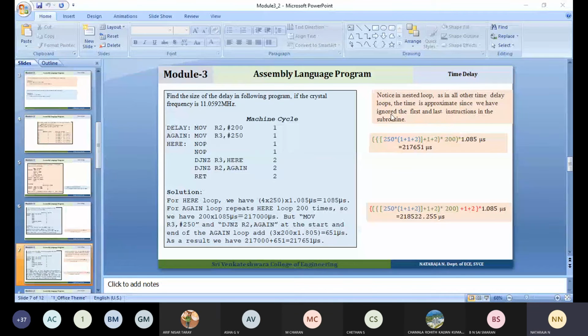Again I add 1 plus 2 with this and multiply 200 times, because I have a count of 200. Multiply with 1.085 and you will get so and so time. And the 3 machine cycles for the first and last instructions you calculate separately and add. You will get the final answer. Any doubts?